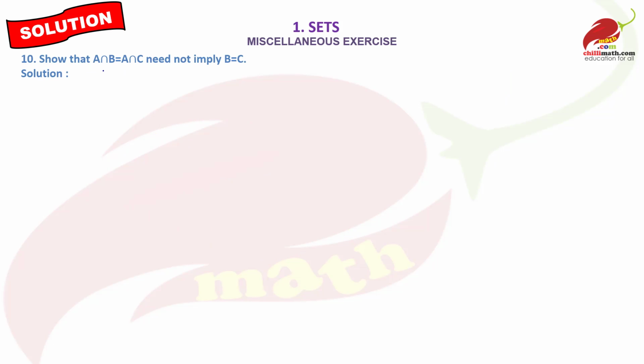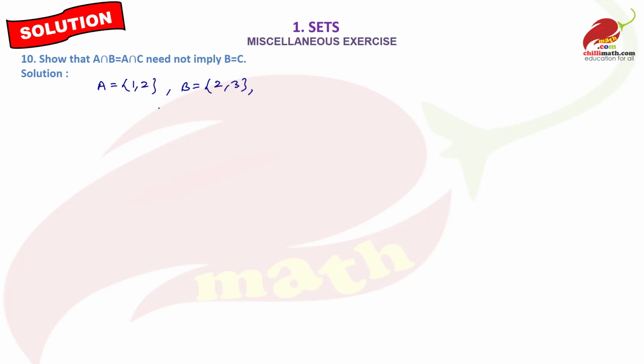10th question, show that A intersection B is equal to A intersection C need not imply B is equal to C. To say no, let us take an example. Let A be a set that is {1, 2}, B is {2, 3}.